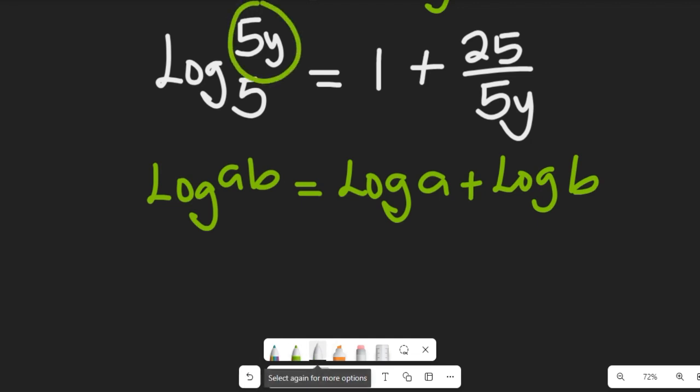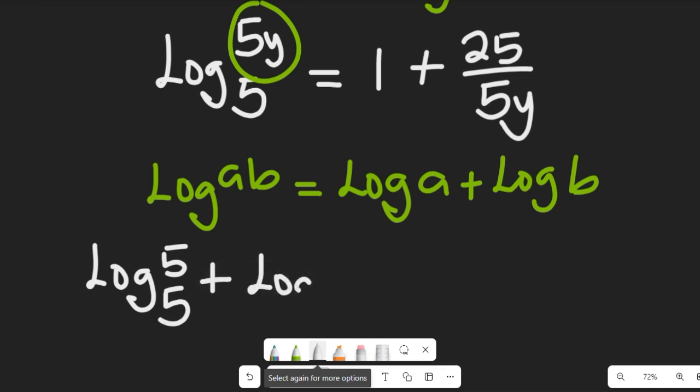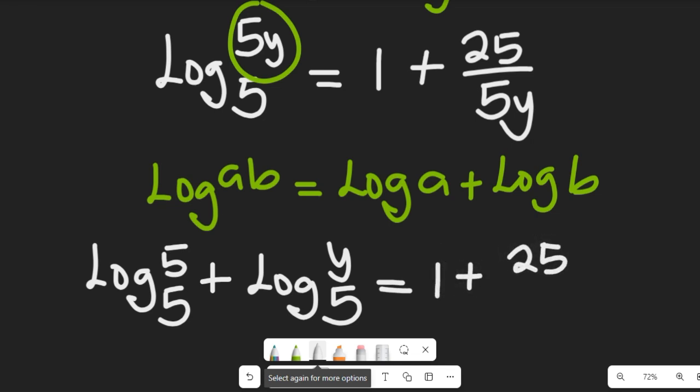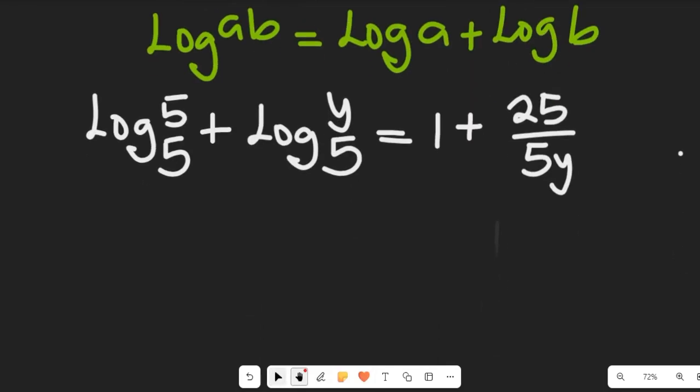That expression can now give me the log of 5 base 5 plus log of y base 5, and this can be equal to 1 plus 25 divided by 5y. Now I can simplify this expression.